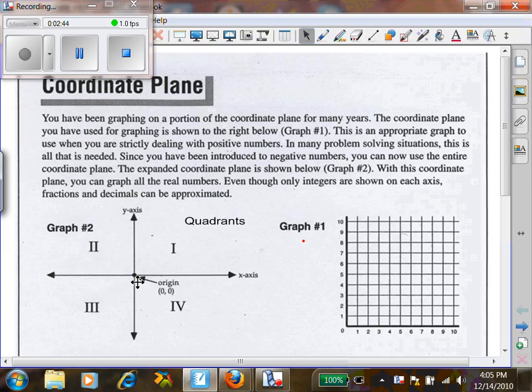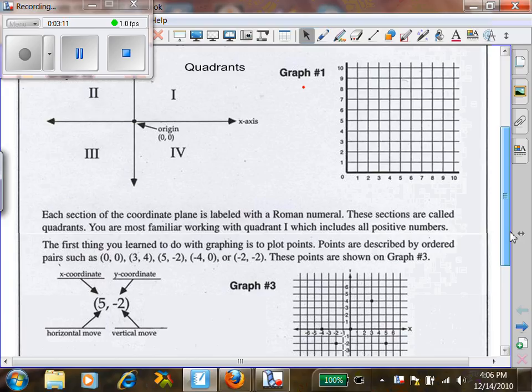The point right in the center, which is known as the origin, that's the point where the x-axis and the y-axis meet. And if you were to give it an ordered pair, which is a pair of numbers that identifies its location, it would be 0, 0, meaning we go over 0 and up 0. So we'll get into that a little bit more in just a minute. That kind of gives you just the preliminary view, just a quick overview.